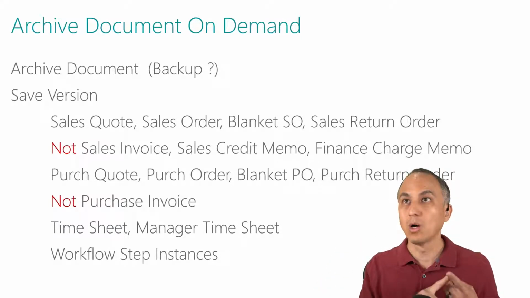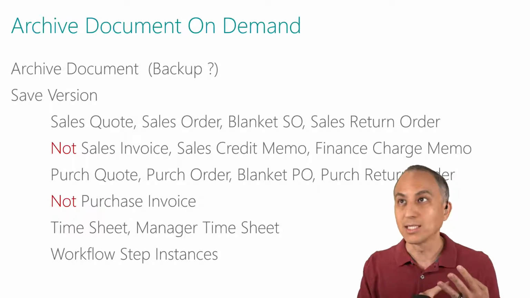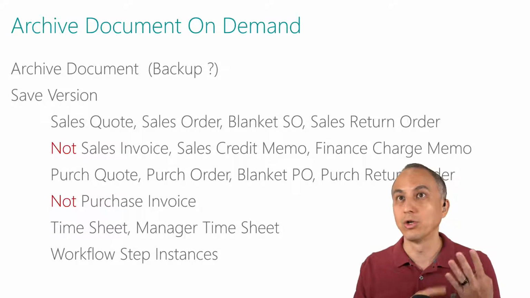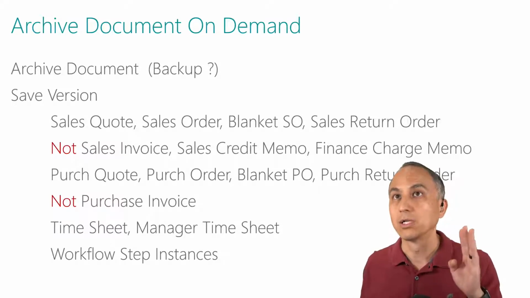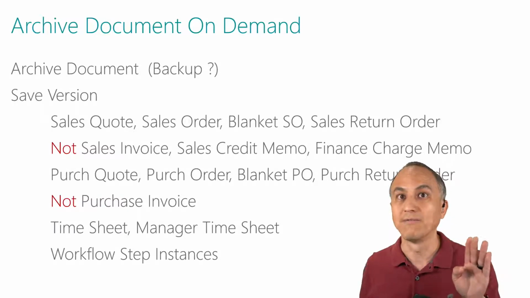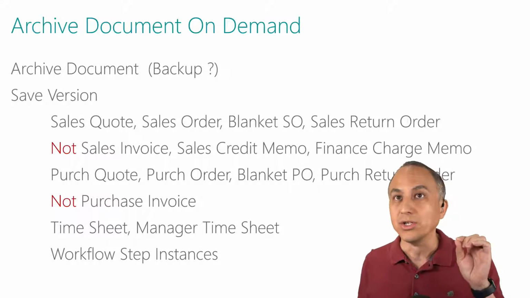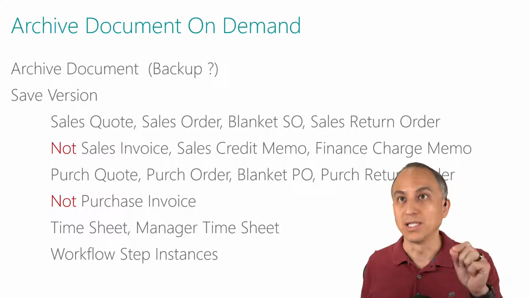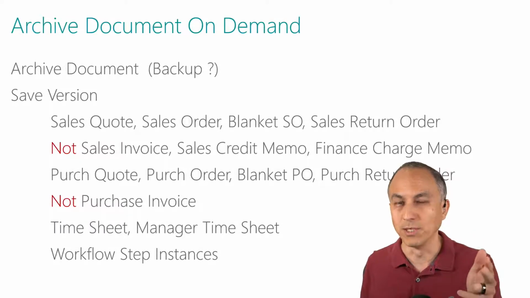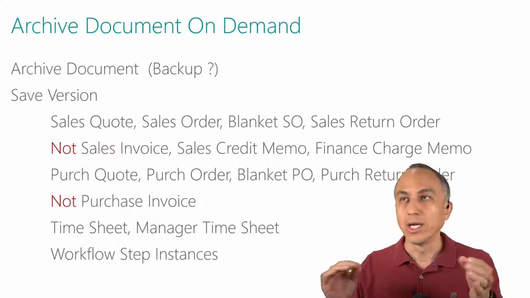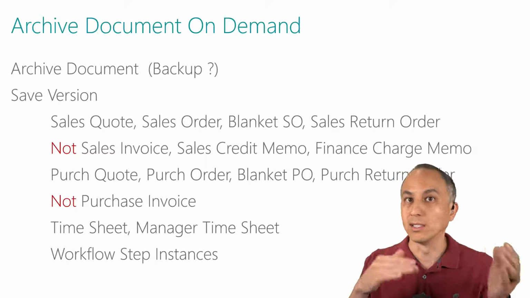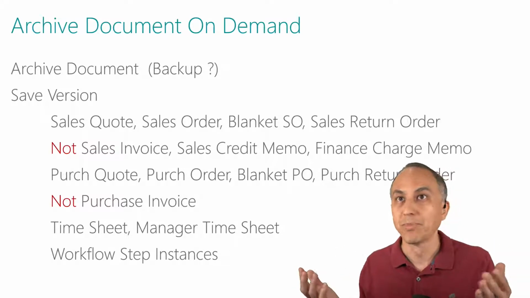So sales quotes, orders, blanket sales orders, and sales return orders are supported by the archive document and versioning features. This is not available for sales invoices, credit memos, or finance charge memos. So I'm not quite sure what the distinction is between those document types and why some are and some aren't.